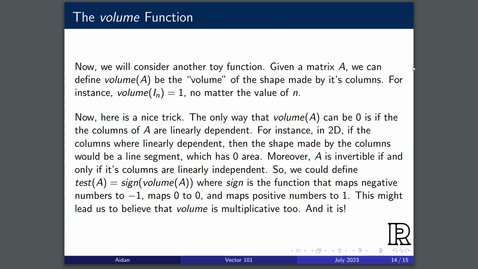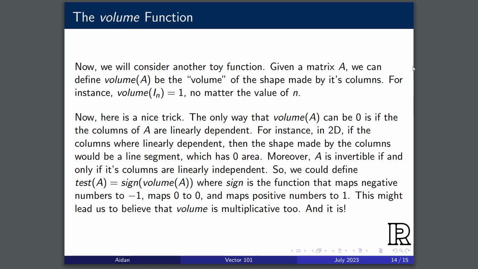And I hope you'll take my word for it, because we haven't really proven it. We'll talk about this next week. That a matrix A is invertible if and only if, so basically it's necessary and sufficient for its columns to be linearly independent. So if A is invertible, then its columns are linearly independent.